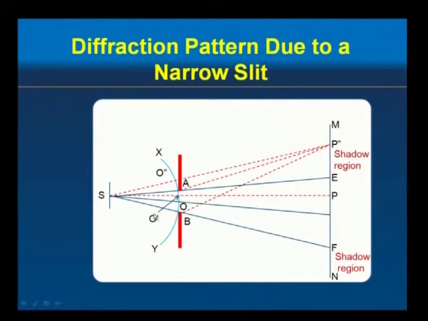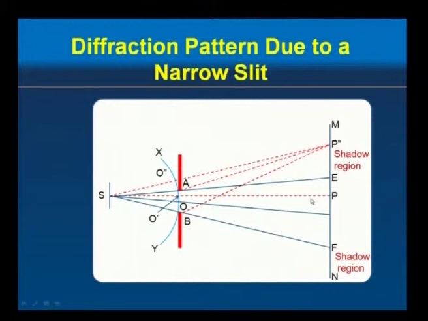The plane wavefront, as you know now, will be subdivided into a number of what are called half period zones. Without invoking the idea of half period zones, you will not be able to explain the intensity that is obtained at P or the intensity at P double prime.